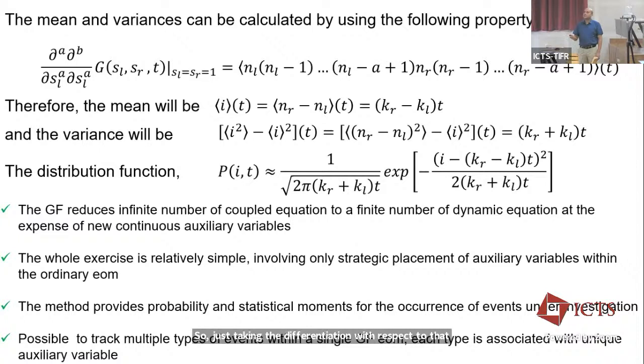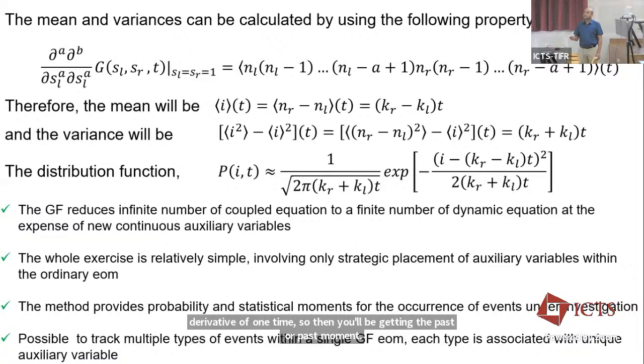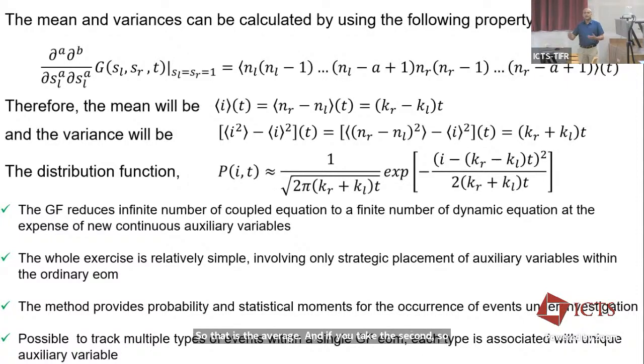If you take the derivative one time, you get the first moment, the average, and if you take the second, you get the variance. You can also calculate any other moments you want, based on this probability distribution function. The distribution function looks like this, and if you take the derivative, the moments will look like that.